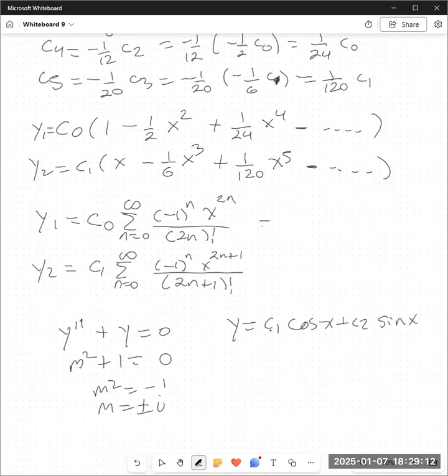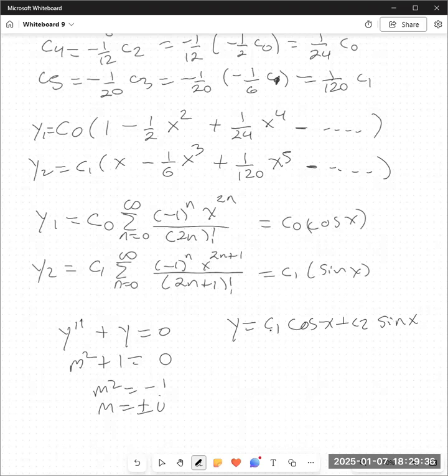And so this is c0 cosine of x, the even function here, all the even powers. And this is c1 times sine of x. This is the Maclaurin series here for sine of x.